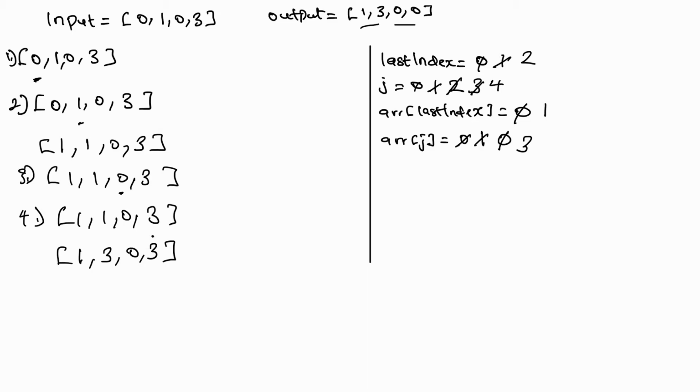And the array at last index is now going to be 0. It is not going to be 0, so we'll go to the next iteration.